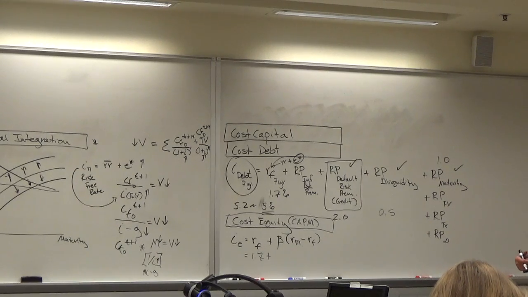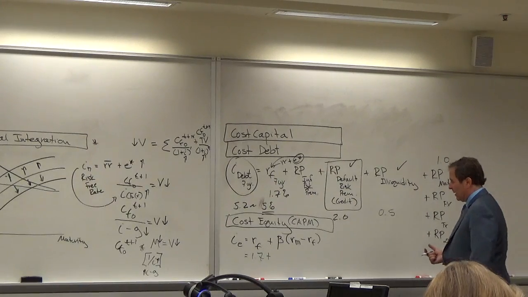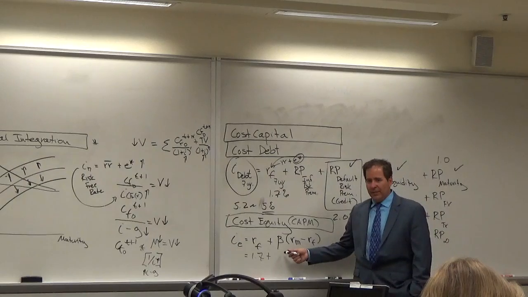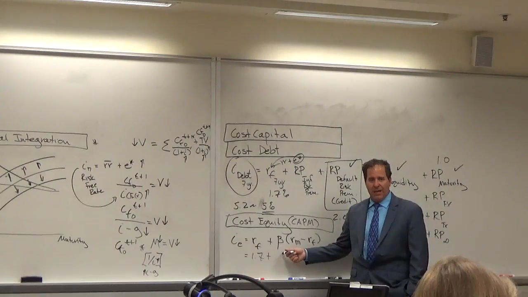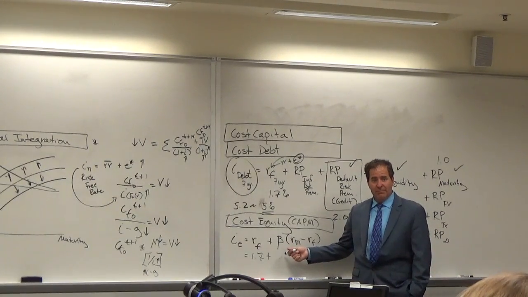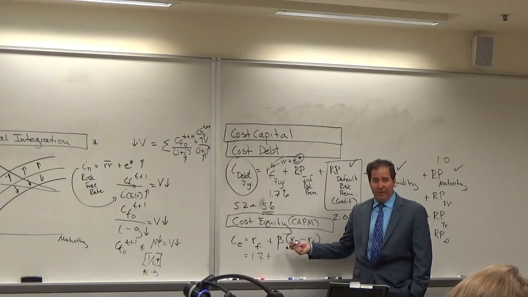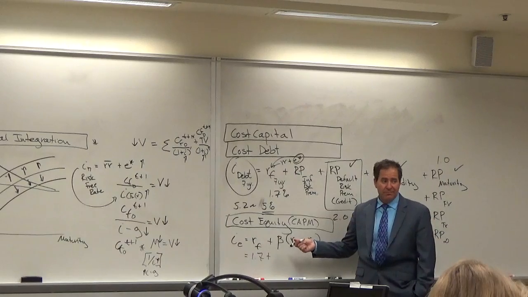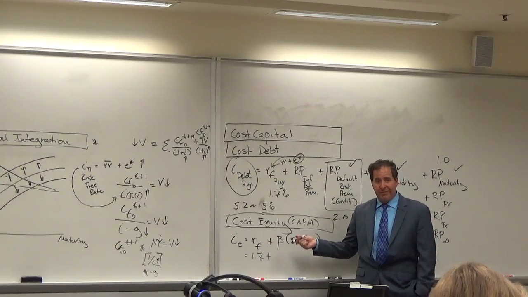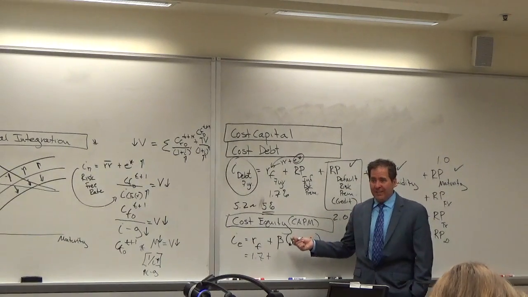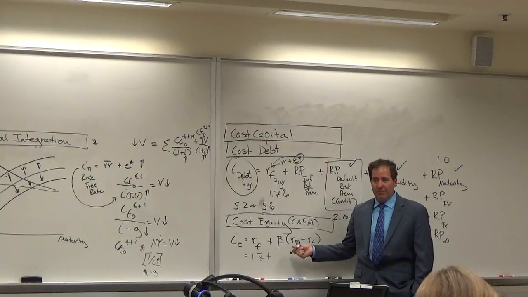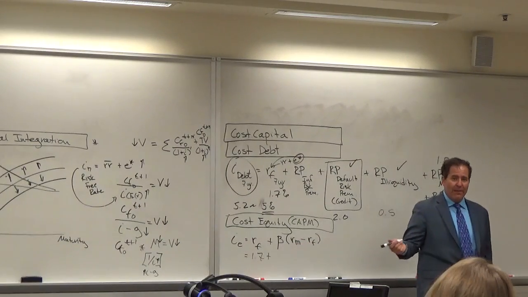Yeah. So what do you think the beta is for IBM? 5, 0, -5, 0.5, 1, 2, 3, 50? Any idea what the beta would be? 3 to 5? No, that's a startup company.